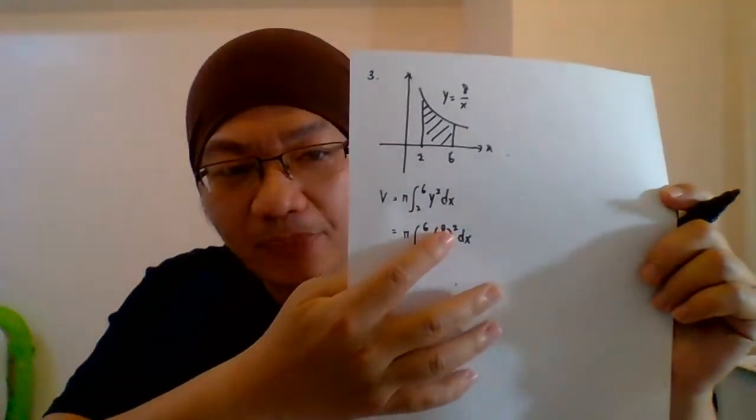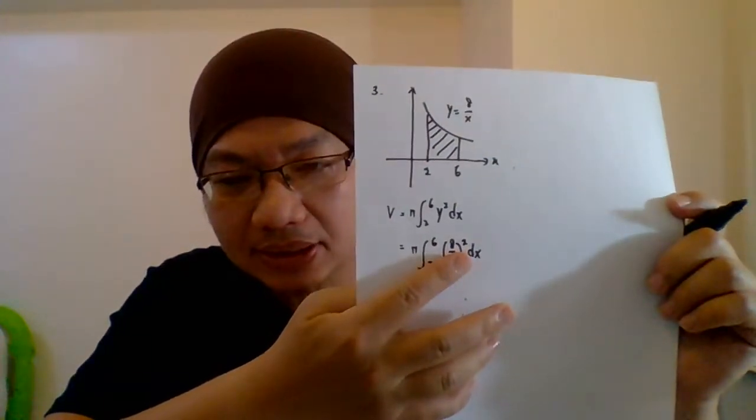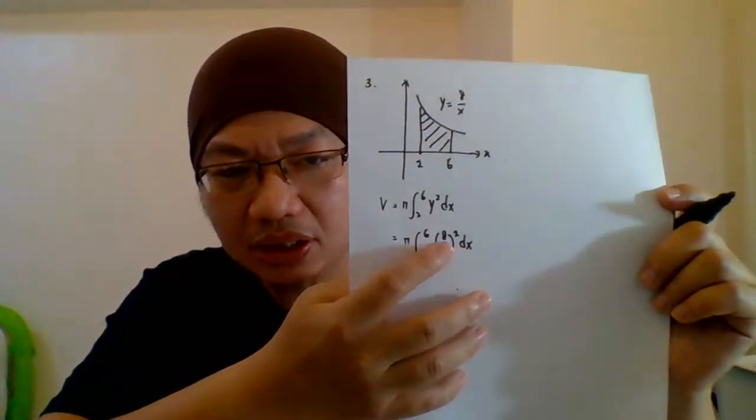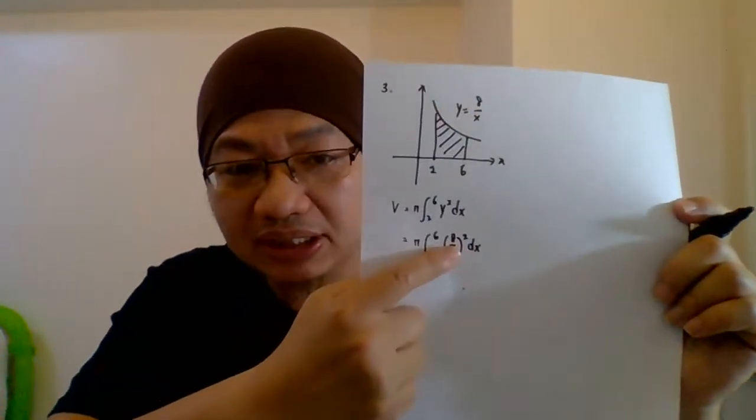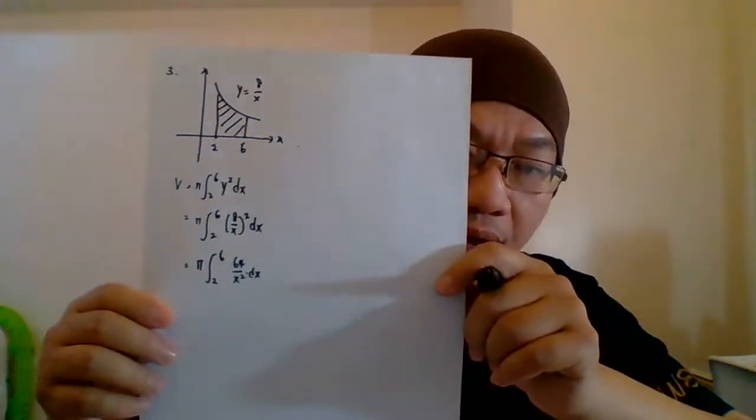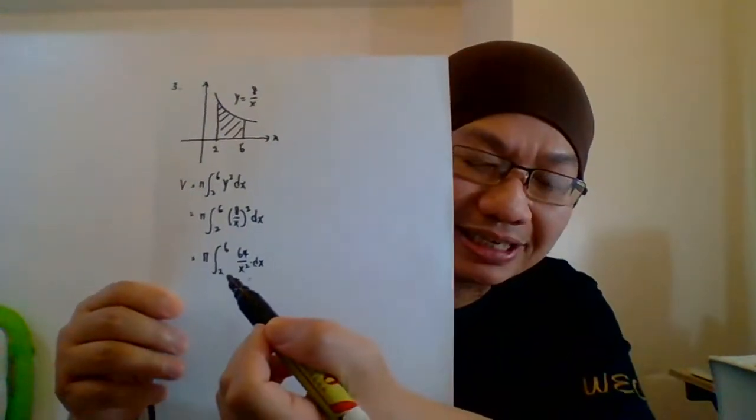You need to expand the bracket first before we start integrate. So 8 squared 64, x also you need to square, which is x squared. Okay, so you will get like this, where your x is at the denominator here.